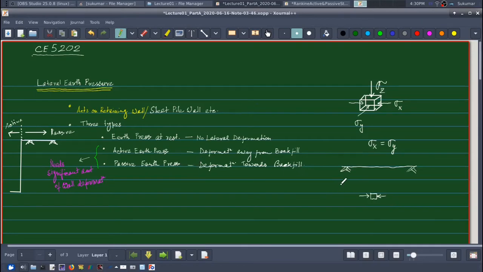Similarly, the second condition, that is active earth pressure, occurs when I have, say, a retaining wall, something like this. Let me draw a small retaining wall. Say this is my retaining wall, and it is retaining some backfill soil.